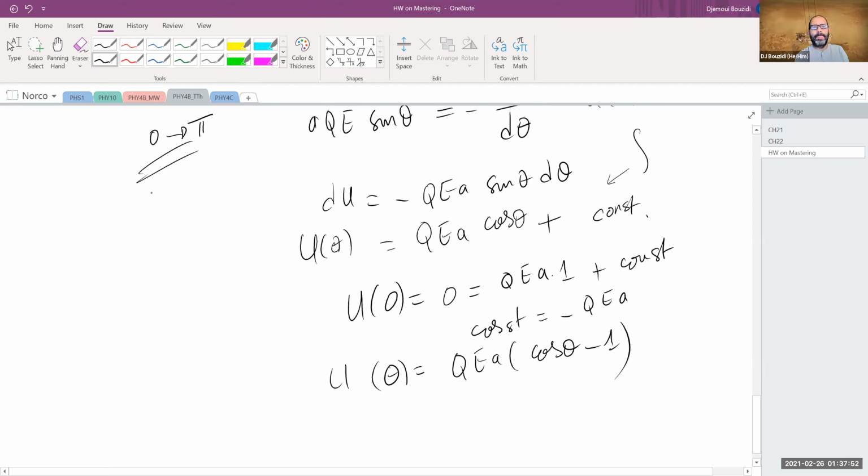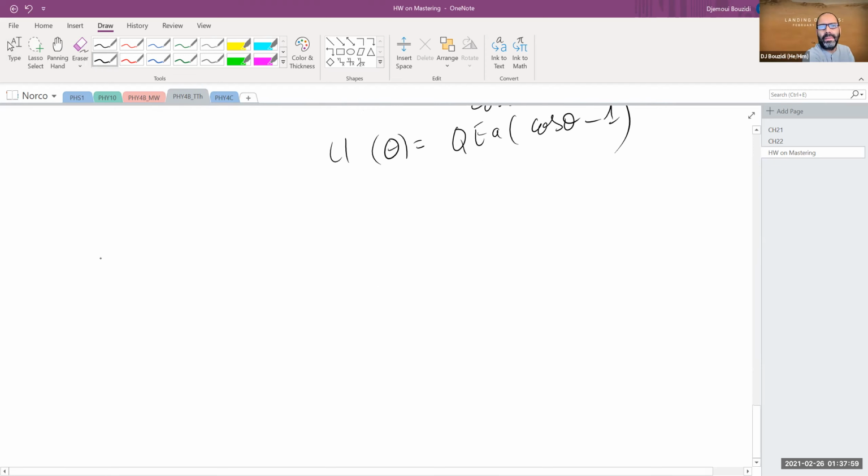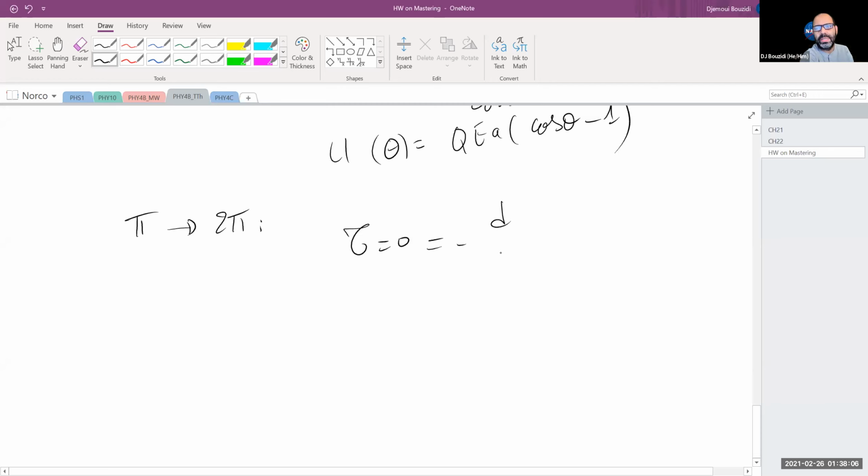Yes? So I need to go to the next region now. Now from pi to 2 pi. Tau is equal to 0, which is equal to minus dU over d theta. What is the integral of 0? U in this region is equal to... which function, if I take its derivative, I find 0?